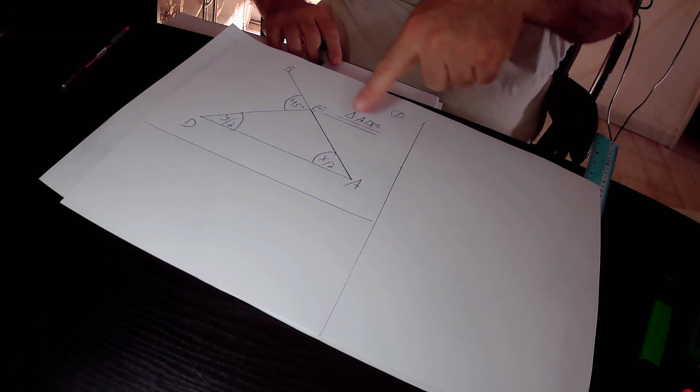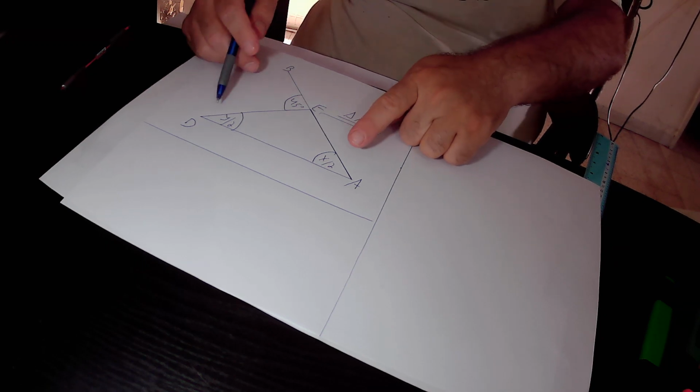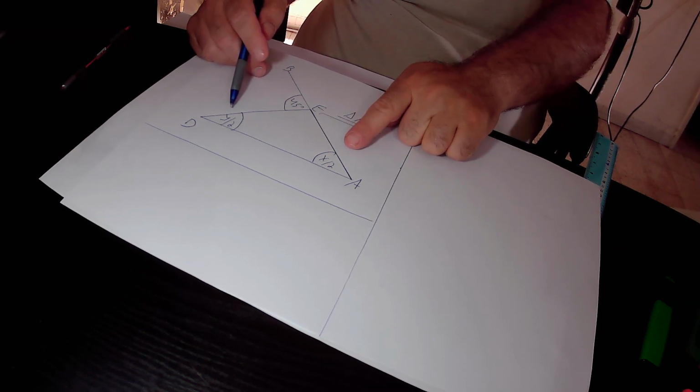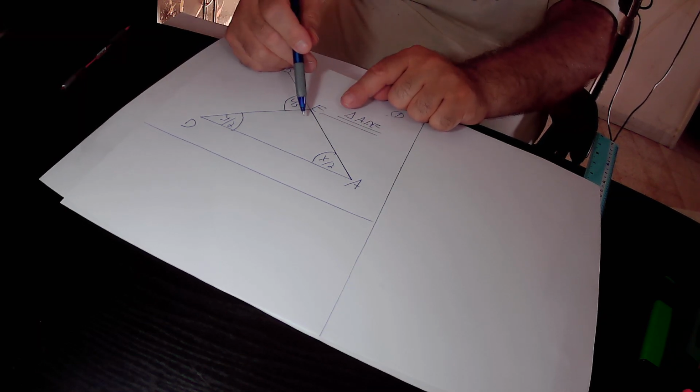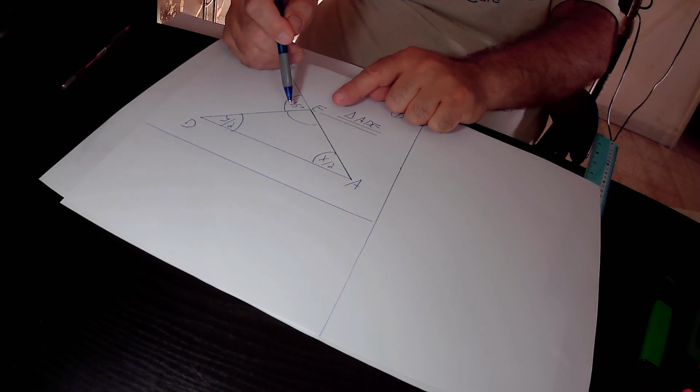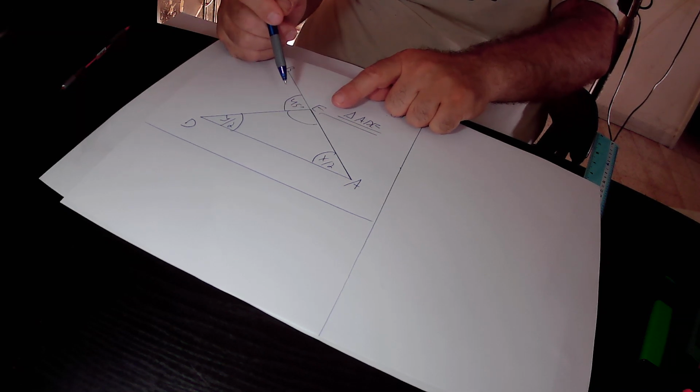Inside this triangle AED, we have those two angles, x over 2 and y over 2, and this is also angle AED that is located inside this triangle AED.